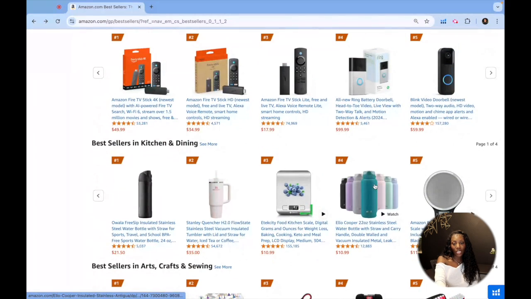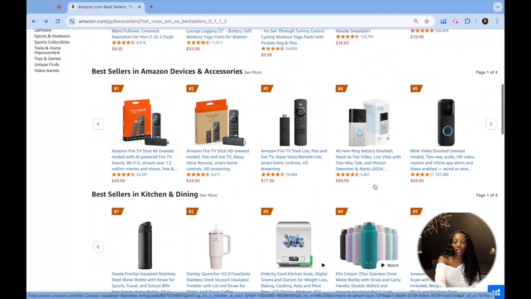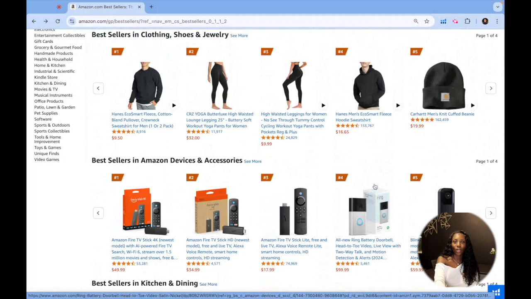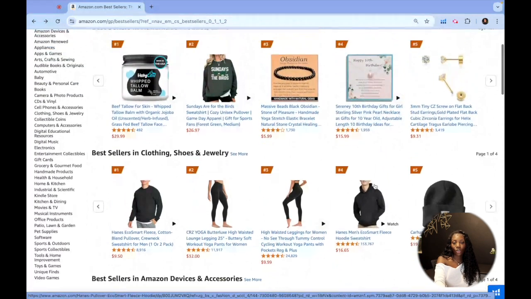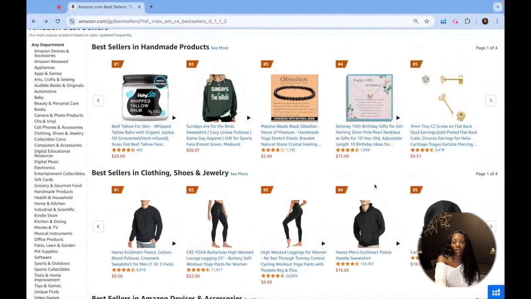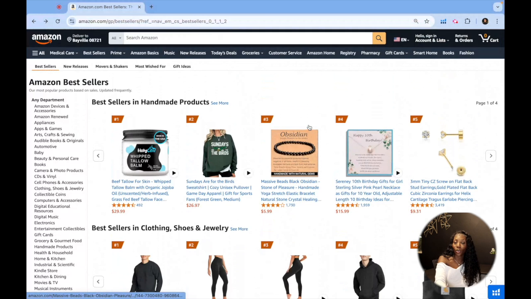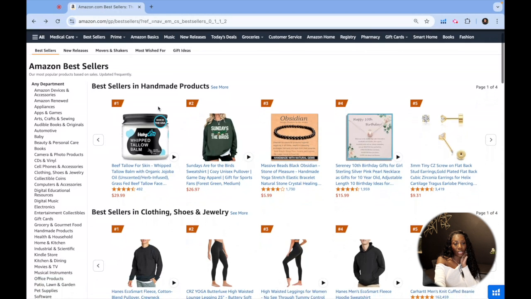So it definitely doesn't hurt to explore products in categories that you're not as familiar with, or for things that you wouldn't buy yourself. It doesn't matter if you would buy it or not, as long as someone else is willing to buy it, then it's definitely worth your time and energy to do a little bit more research.